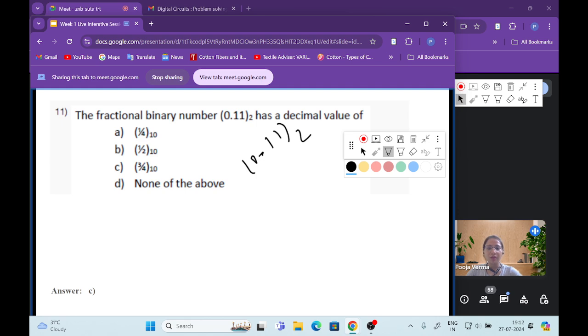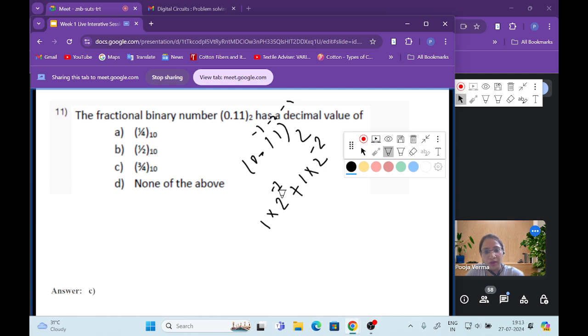Okay, so already told that after the point we have to represent the places as -1, -2, -3 like that. Okay, so 1 multiplied by 2 to the power -1 plus 1 into 2 to the power -2.